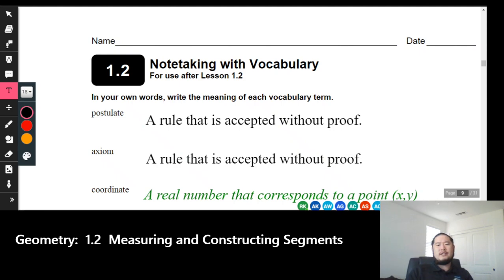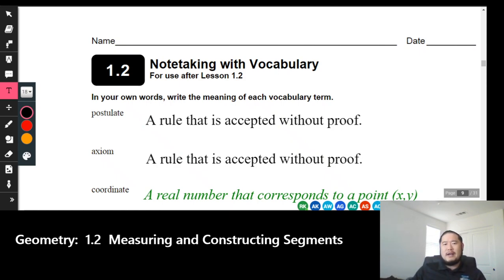It's always great to remember them because the postulates you see in chapter 1, you're going to have to use again in chapter 2, and chapter 3, and chapter 4. So if you forget stuff from chapter 1, when we start doing more proofs in chapters 2, 3, 4, and so on, it'll become much more difficult.